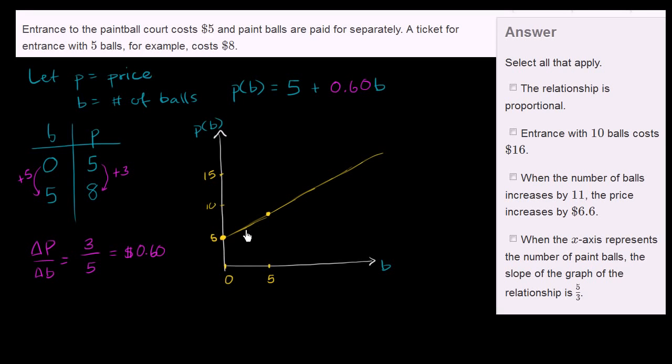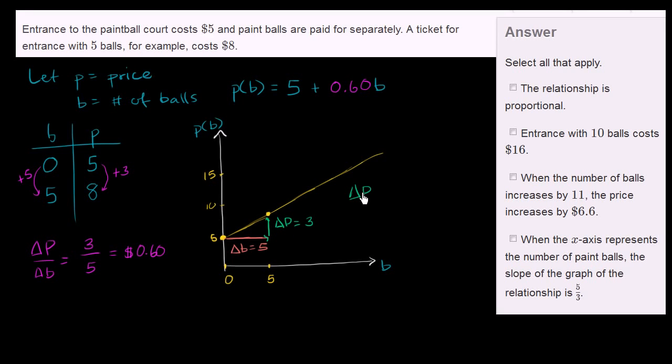And if you ask, what is the slope of this line? Well, the slope is the rate of change of the vertical axis with respect to the horizontal axis. So when the horizontal axis changed by 5, when your change in B is equal to 5, your vertical axis, so your change in price, was equal to 3.